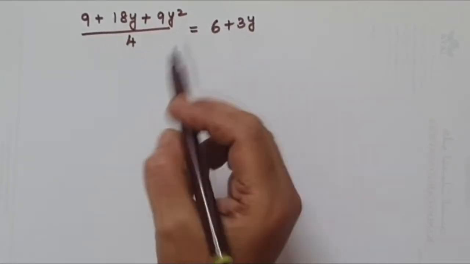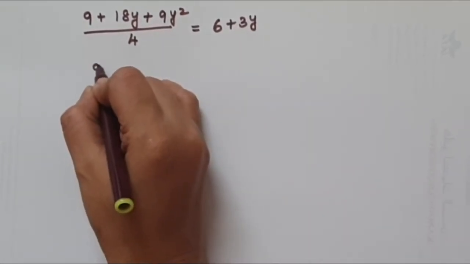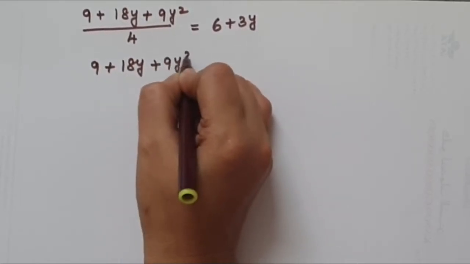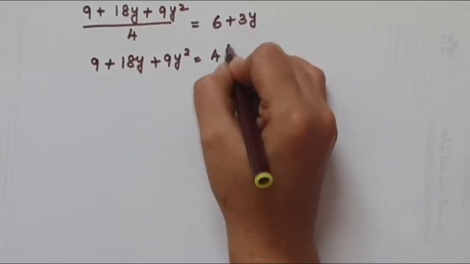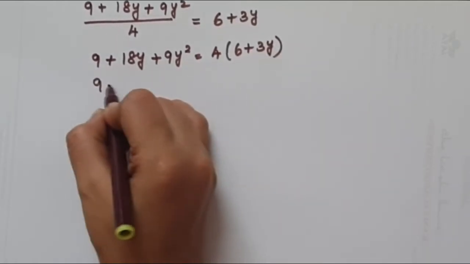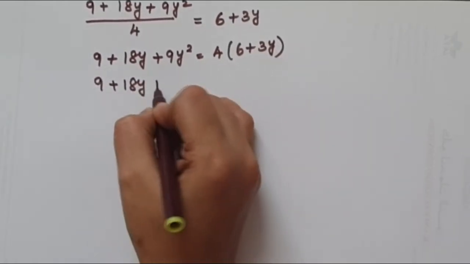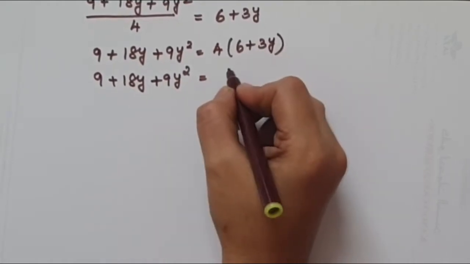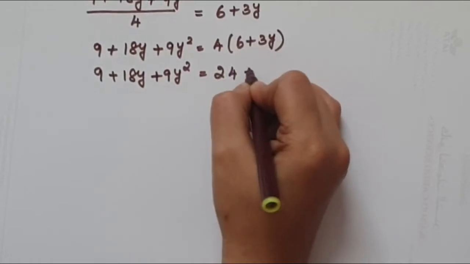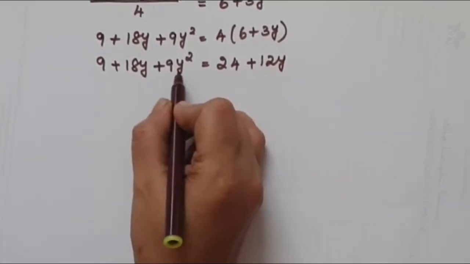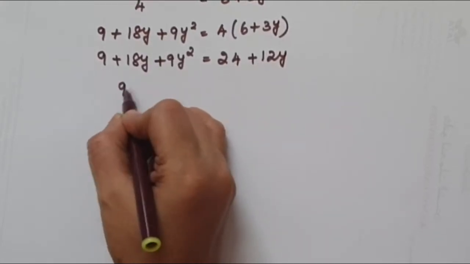Now I'll multiply both sides by 4. So it comes as 9 plus 18y plus 9y squared will be equal to 4 multiplied by (6 plus 3y). Now I'll expand it. 9 plus 18y plus 9y squared will be equal to 24 plus 12y. Now I'll shift everything to one side. First I'll rearrange as well.